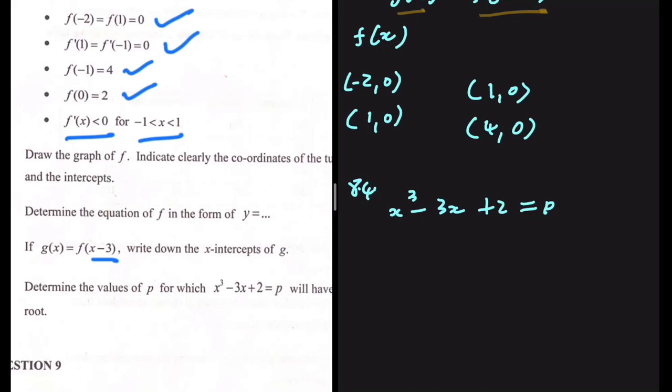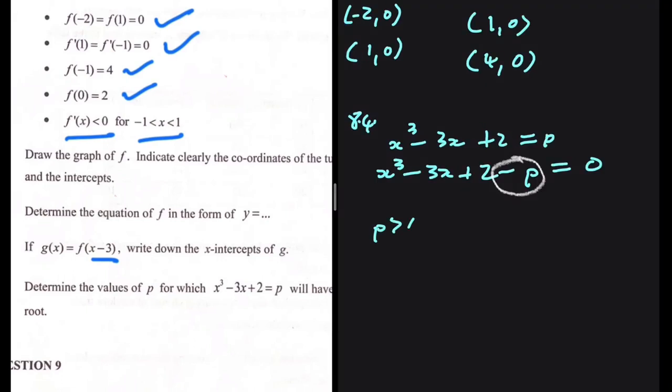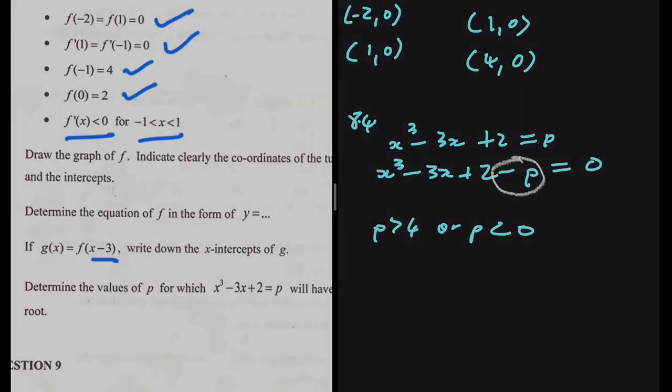So if we write this nicely, we're going to get x to the power 3 minus 3x plus 2 minus p equals 0. So minus p is shifting our graph up and down. p is greater than 4 or p is less than 0. If you want to know how this comes about, then click this video on your screen right now.